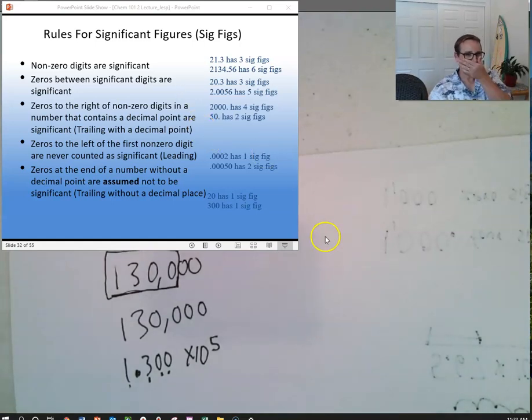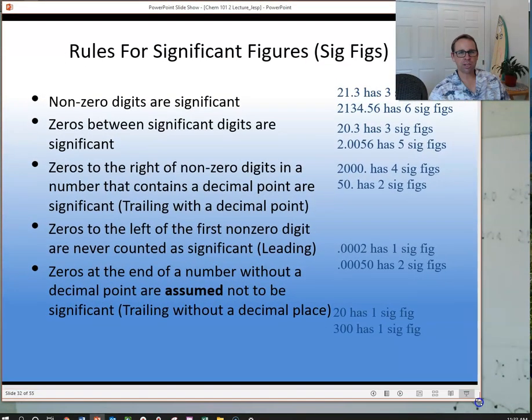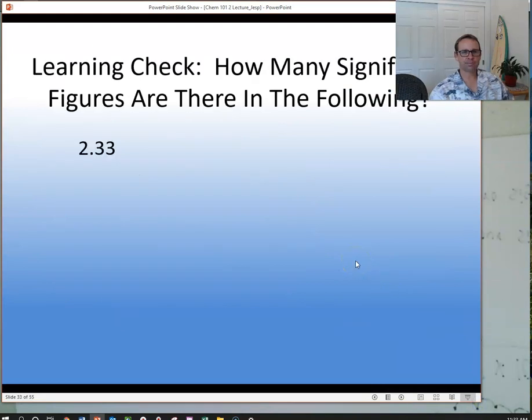Okay, very good. So I'm going to show you some numbers, and you're going to tell me how many significant digits there are. What do you think? How many significant digits? All of them. That's right. 3 significant digits. Very good. How about this one? Is the 5 significant? 4.